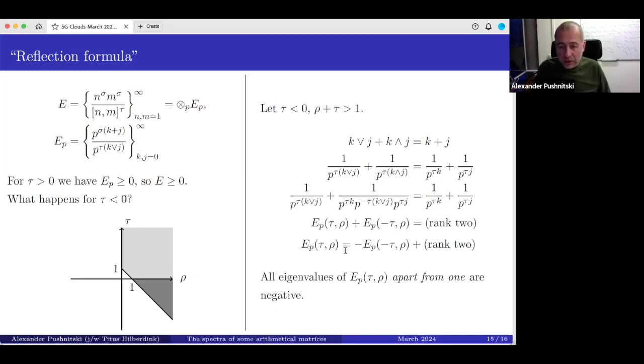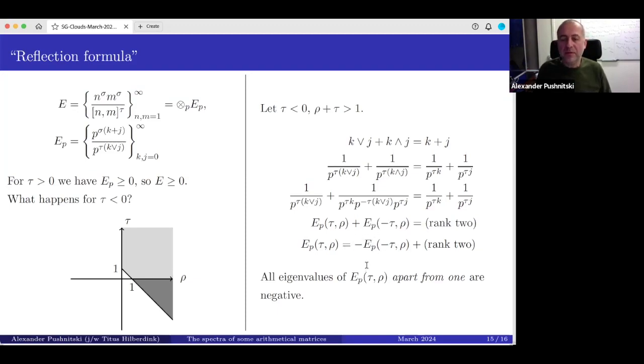And so in the end, I see that for negative tau, here I have the operator with a minus tau, which is a positive parameter, plus some rank 2, which means that my component matrices here will be negative except for possibly some rank 2 thing, because this will be negative definite with a minus.